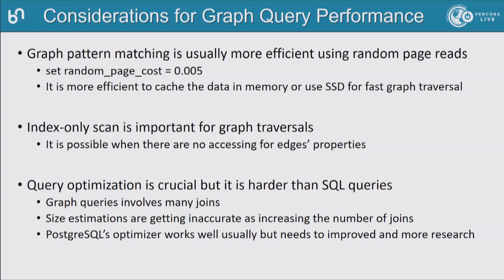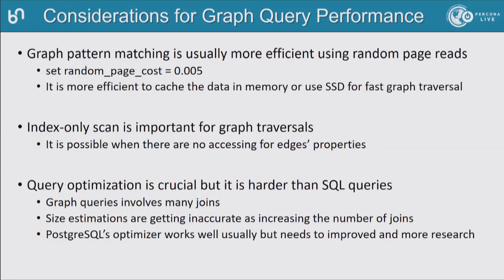And we designed the edge index to use index-only scans when it is possible. When traversing the graph, edge indexes are used, so it is more efficient to use index-only scans. And finally, query optimization is crucial for graph query processing.